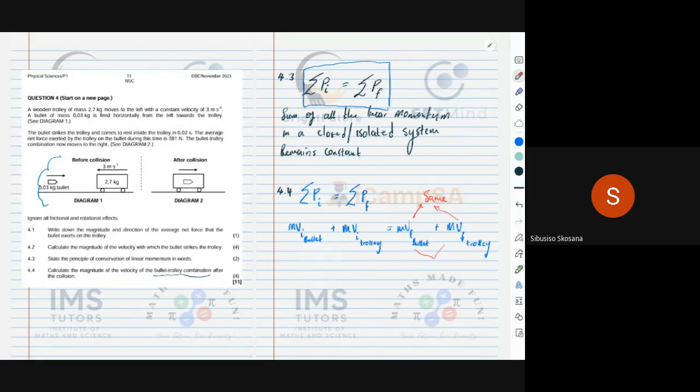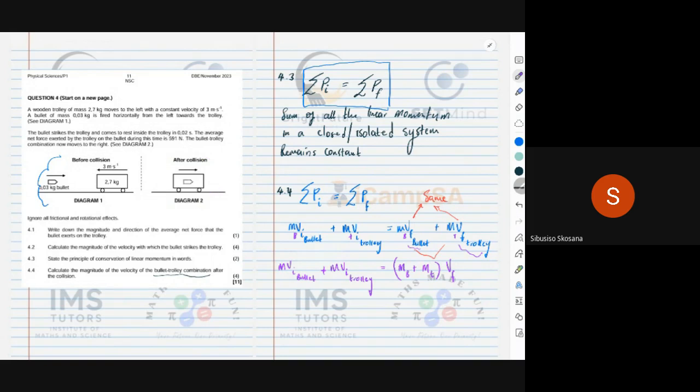So you end up with m v i bullet plus m v i trolley equals mass of the bullet plus mass of the trolley, all times v f. We call this v f, which is the same for both, because now it's one system.